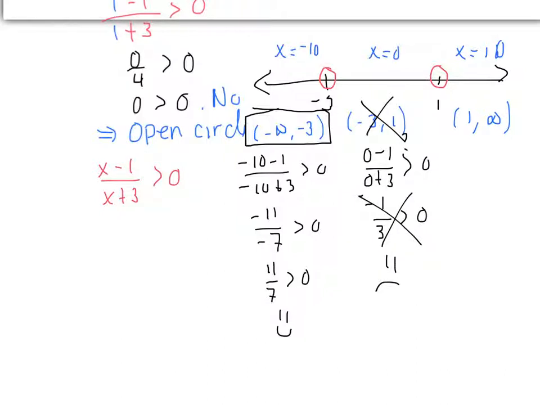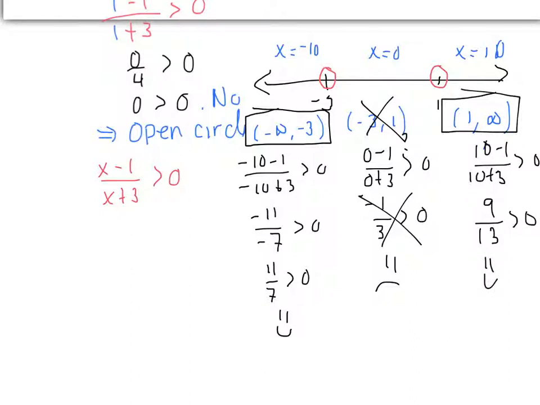And finally, we plug in 10, so 10 minus 1 divided by 10 plus 3, and we try to determine if this is greater than 0. Well, 10 minus 1 is 9, and 10 plus 3 is 13, and this is a positive number, and positive numbers are greater than 0. This is true. And so since it's true, this is an interval we keep.